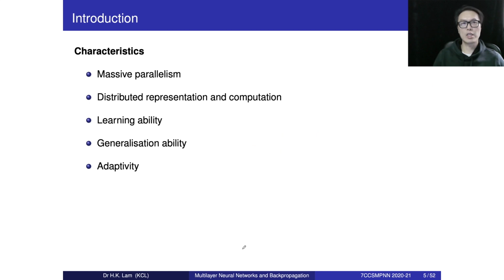Now, when we talk about a neural network, for example, if we have 3 layers, with x1, x2 as the input, then a number of hidden nodes, and then an output node, fully connected. That means when we present x1, x2 into this network, we obtain an output value z.